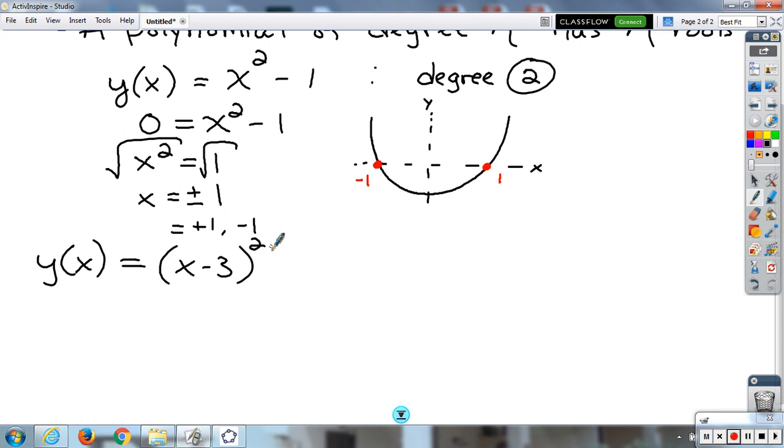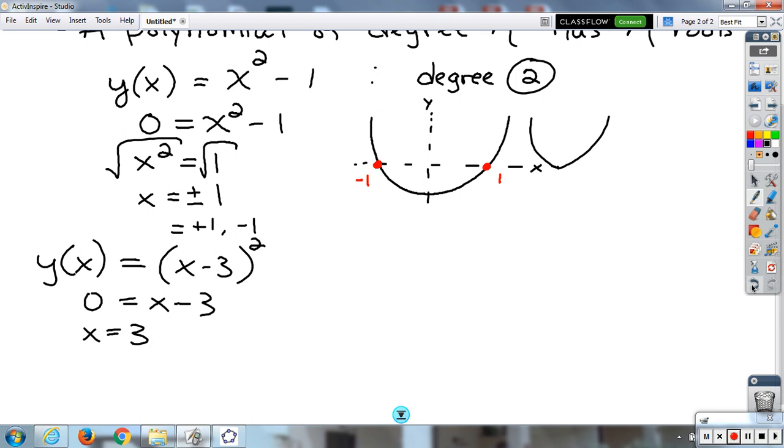If we try to solve this for x, set it equal to 0, and take the square root of both sides, then you have 0 equals x minus 3, so x must equal 3. So you might think, well, that only has one solution. And really this is a parabola that's being shifted over to the right to plus 3. That's where the vertex of the parabola is. So it would be something like that.